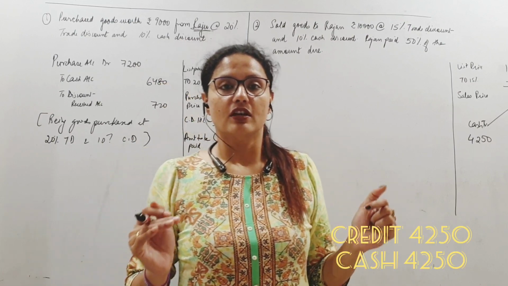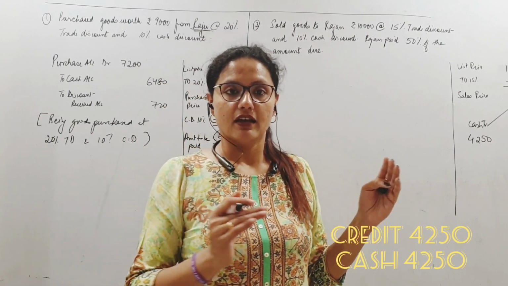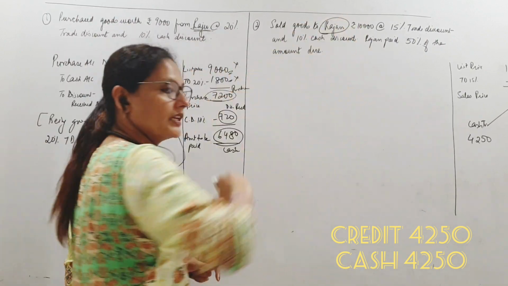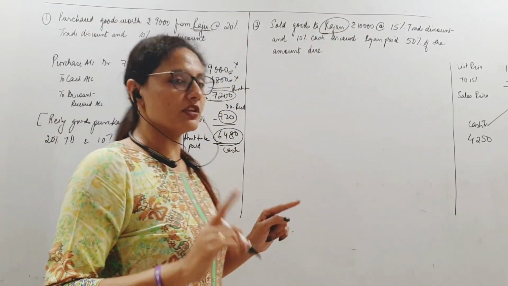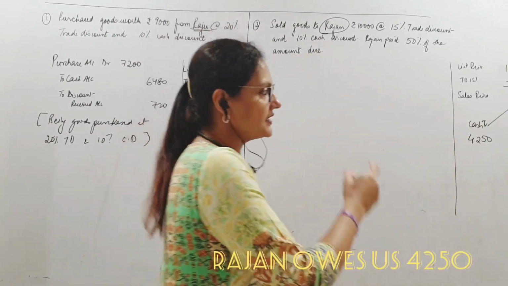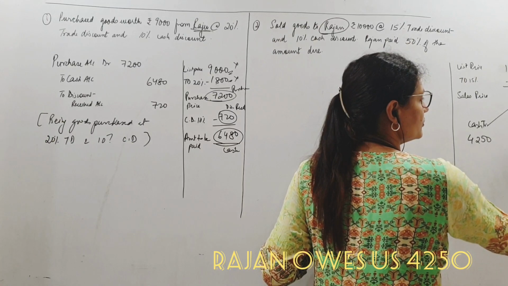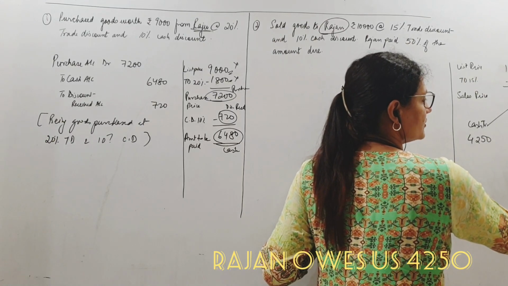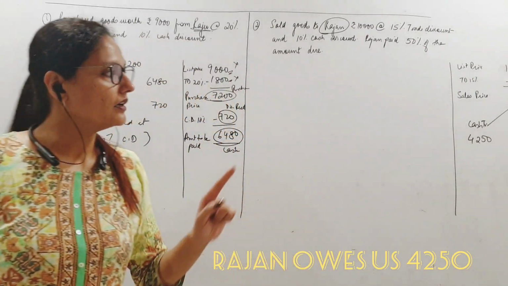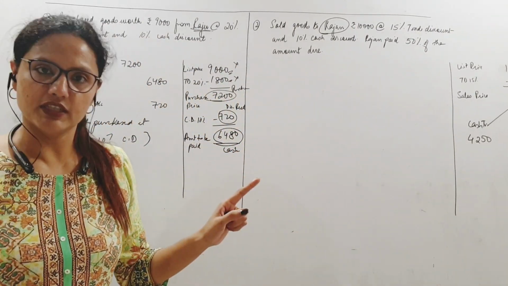In a credit transaction, whose account is involved? My customer, the debtor, Rajan. So Rajan owes me how much? 4250. So this amount that I have taken out should go to Rajan's account because he is a debtor to me with this 4250. Okay?